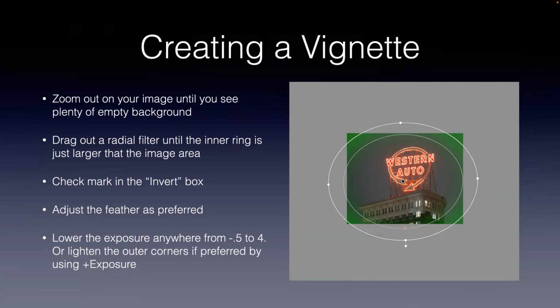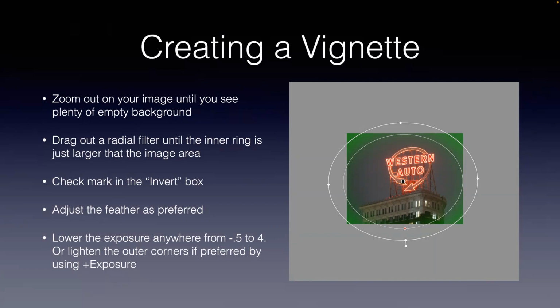You don't have to keep it centered over the picture. So if your subject matter is off to the side, down in a corner, you can go ahead and put the center of your vignette on your main focal point, and then go ahead and have your vignette off center. And that works great with this tool.